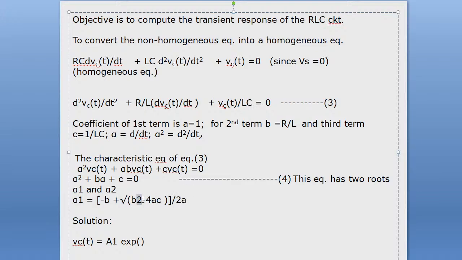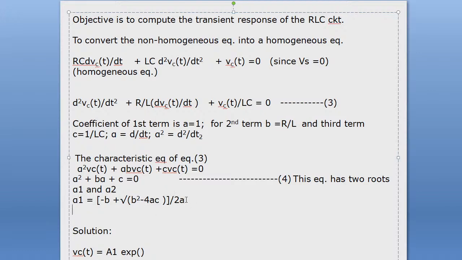Alpha 1 will be this and alpha 2 will be minus b minus square root of b square minus 4ac by 2a.